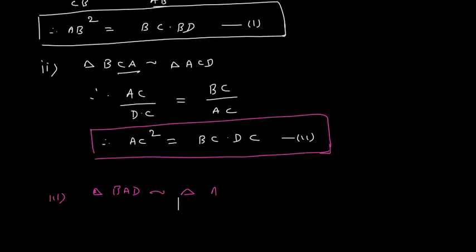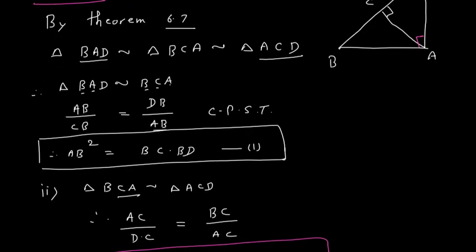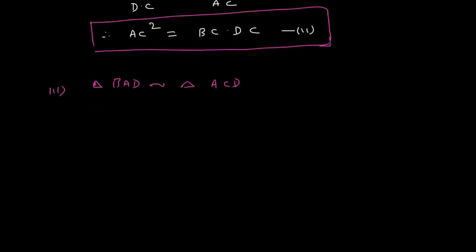Now here I want AD square. So I will say that AD upon CD is equal to BD upon AD. Therefore AD square is equal to BD into CD. This is the third part.